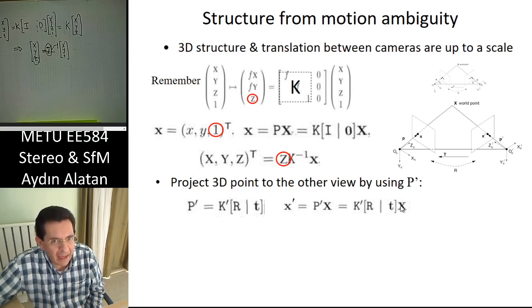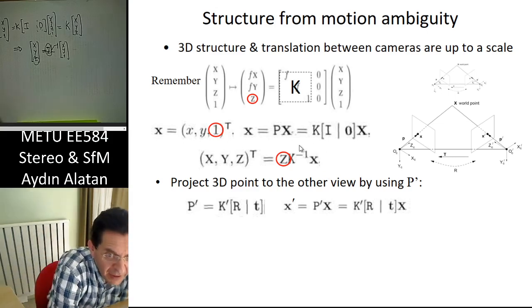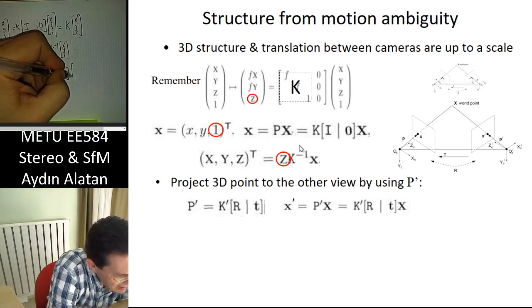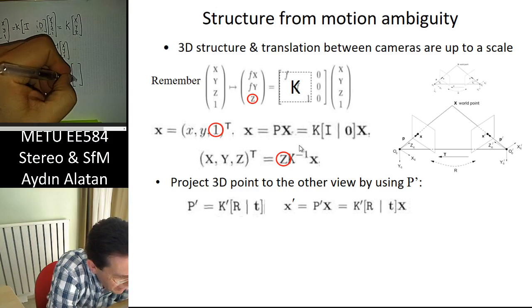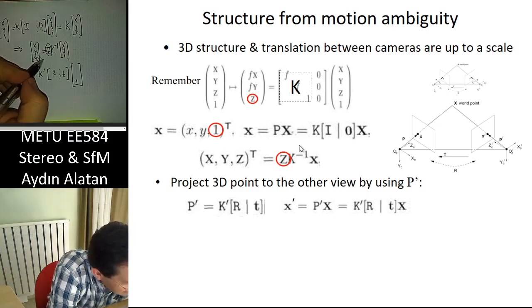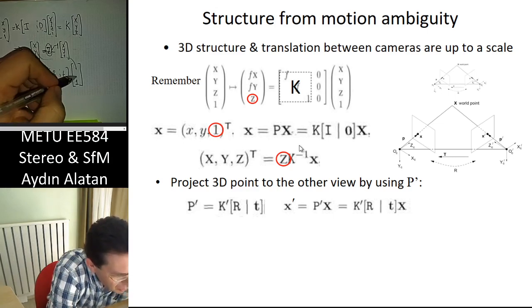And be careful, instead of this X, now this is your X prime, which is K prime RT, times something and 1. This is the last element, it's 1. And I'm going to write this here.